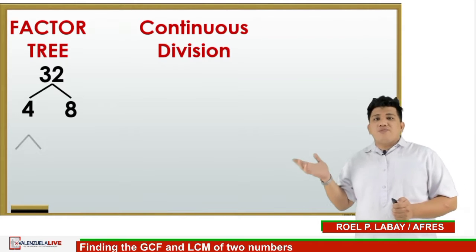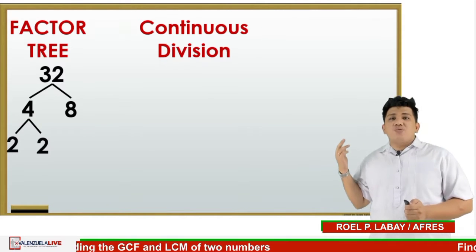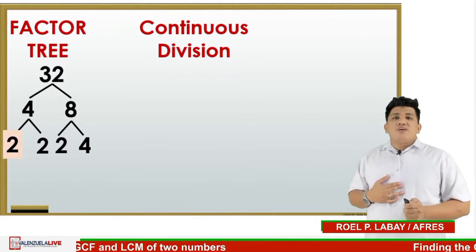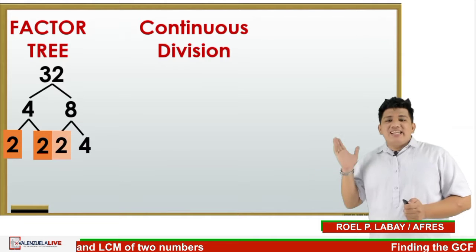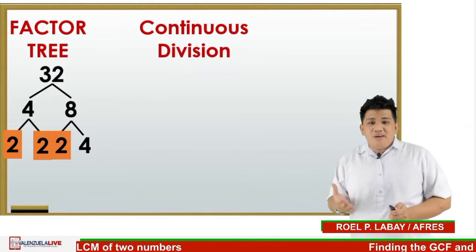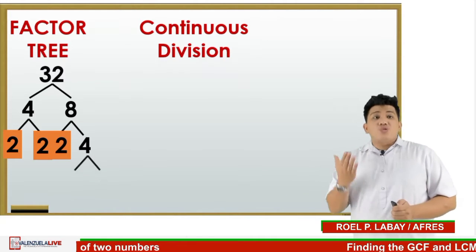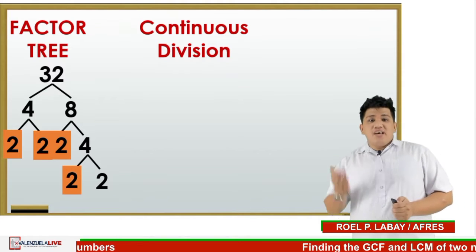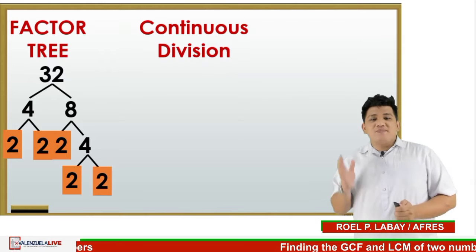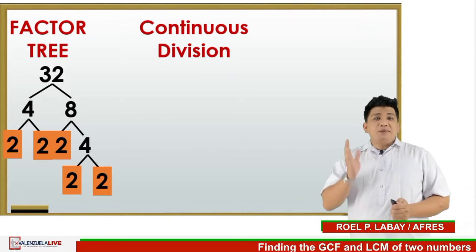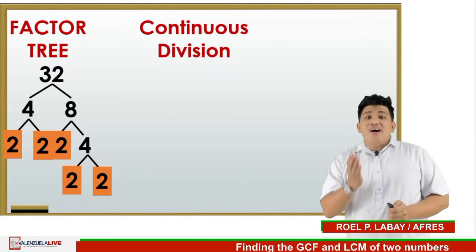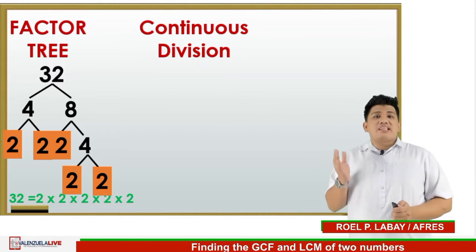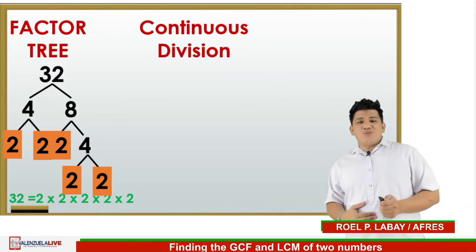So, let's factor 4 into 2 times 2 and 8 into 2 times 4. 4 is still not a prime number, so let's factor 4 into 2 times 2. We will not factor 2 any further because it is a prime number. Therefore, the prime factors of 32 are 2 times 2 times 2 times 2 times 2.